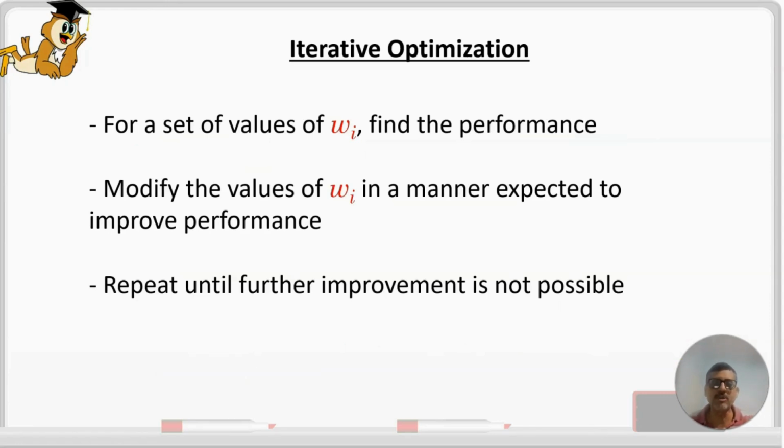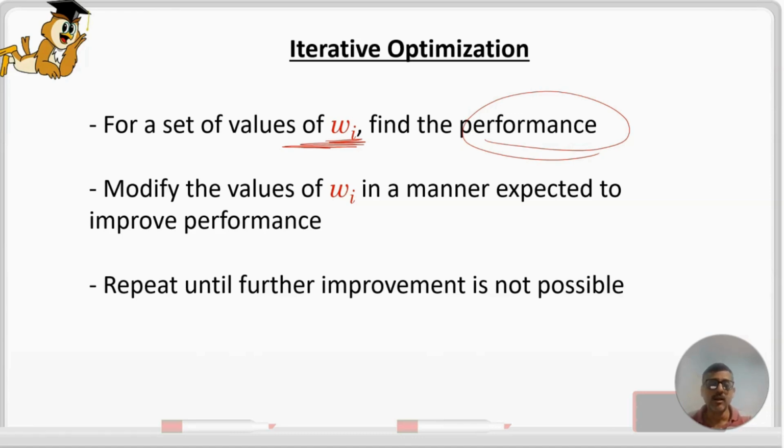So what iterative optimization is for our problem is that for a set of values of the W's, you find the performance. Okay. So I'm using a colloquial English term, performance, to basically refer to how well the passes and the fails did in terms of all passes having one sign and all fails having the other sign, right? So we have to define a metric for that, but I'm using the word performance in a loose colloquial way.